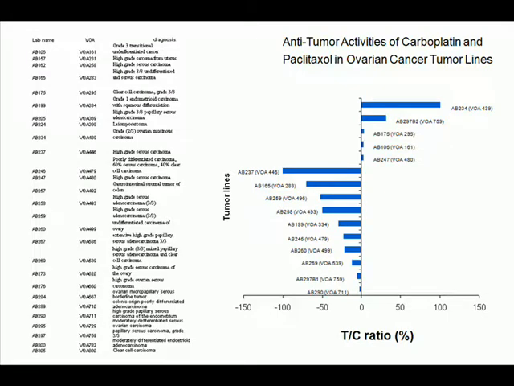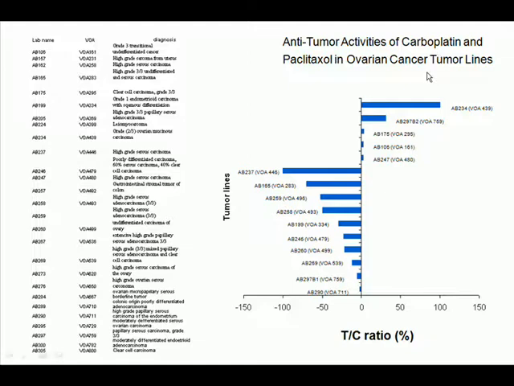So this is a list of ovarian cancer. You can see, just to give you a ballpark idea, how colorful those models look. If you talk about ovarian cancer, there are many subtypes of tumor, and even if you talk about the same type of tumor, even if they look like the same, their biology is very, very different.